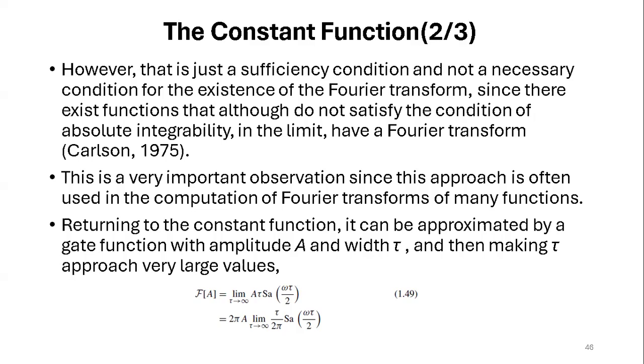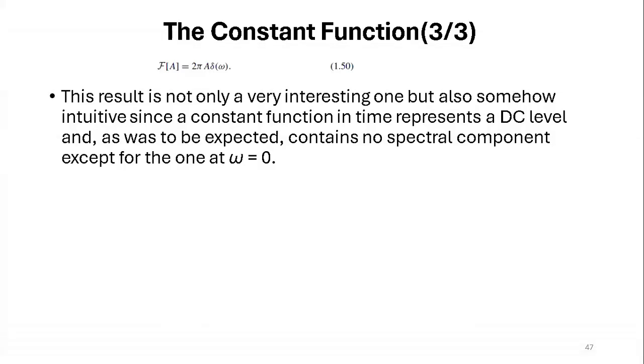F is the limit as tau goes from minus to plus infinity, which gives 2 by a sinc of omega tau over 2, in the limit tau to infinity, which is 2 pi a times the impulse function.